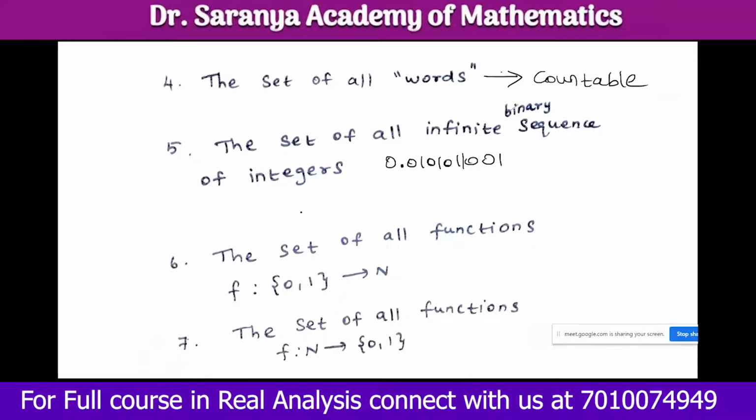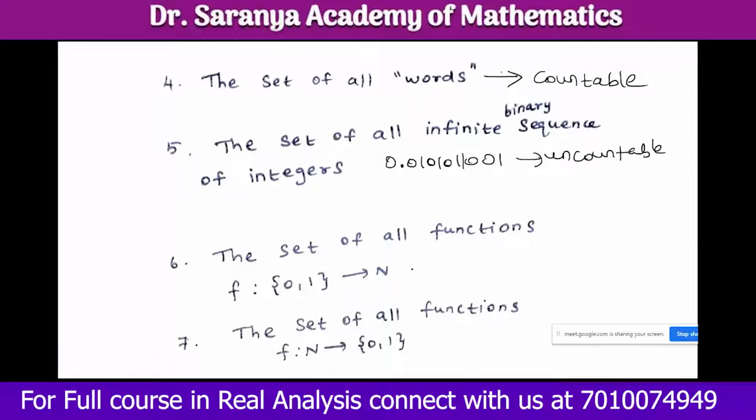In computer science, people know binary operations, binary numbers 0 and 1.